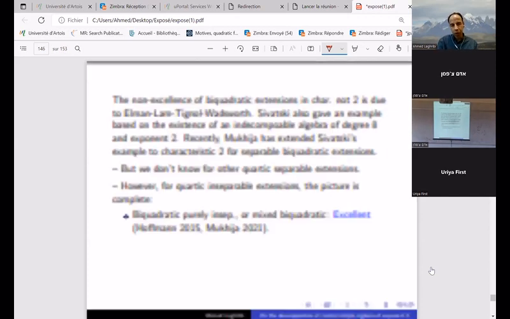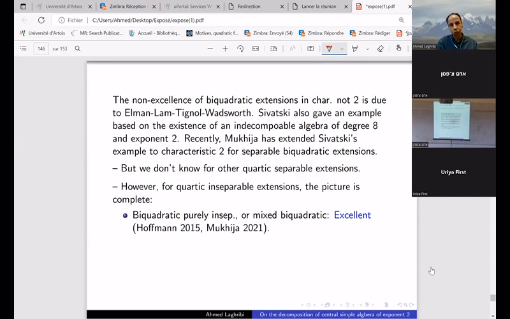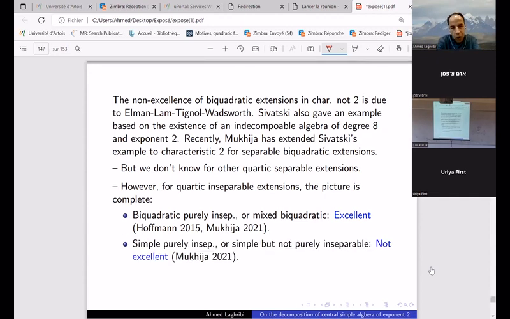So for biquadratic and mixed, we have excellence all the time. This is what I said. This is Hoffmann and Mokija. And for the other 2 types, simple purely inseparable, quartic of course, or simple but not purely inseparable, we have no excellence.